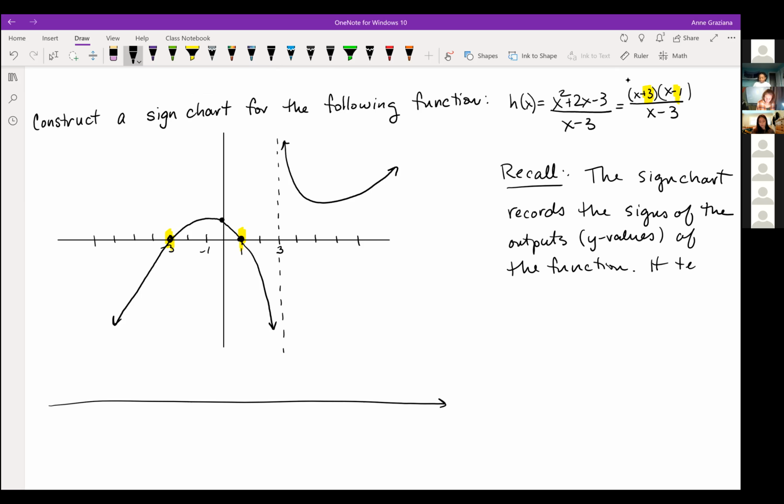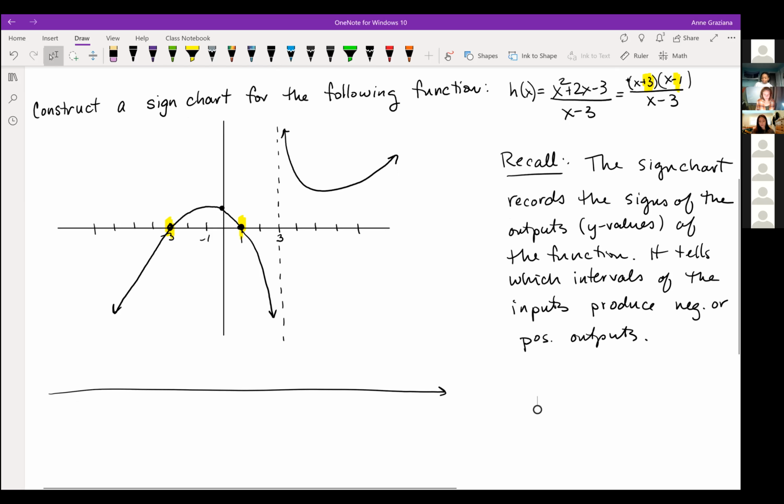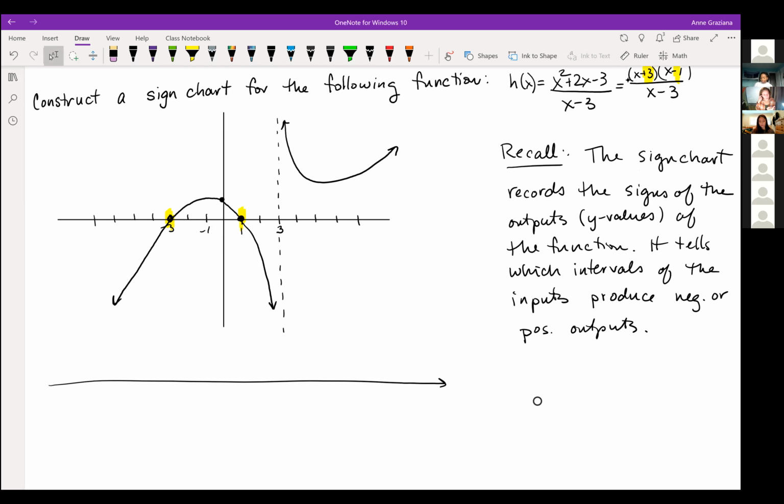It tells us which intervals of the inputs produce negative or positive outputs. Okay. Because that's key, because really your answer is the interval of inputs that produce these outputs, okay?